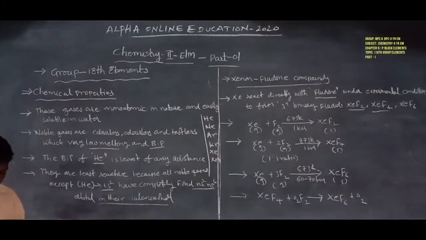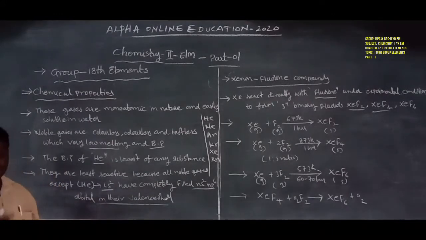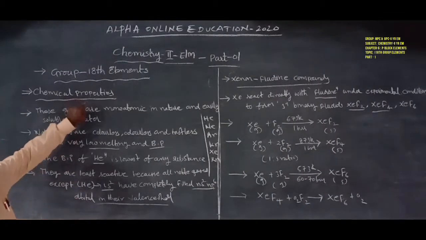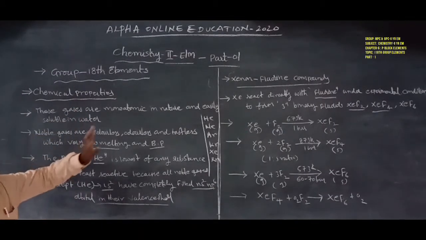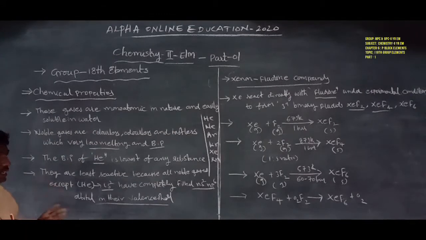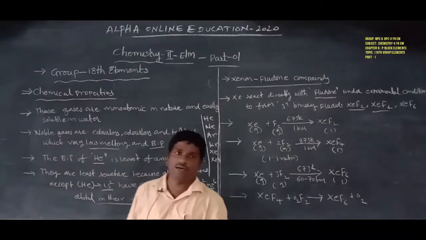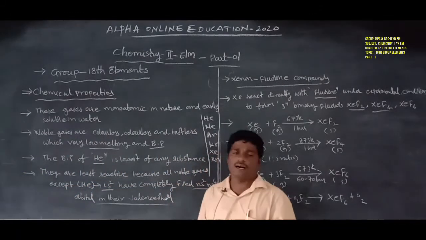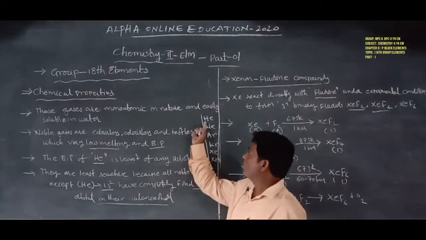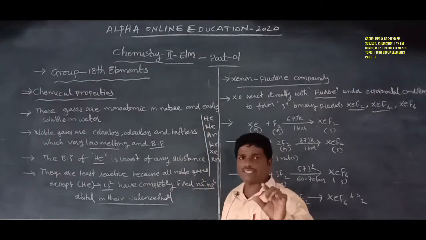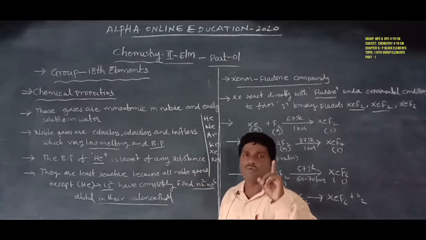That is the first physico-chemical property of the 18th group elements. All noble gases are monoatomic in nature and easily dissolved in water. Mono means single, only one atom.